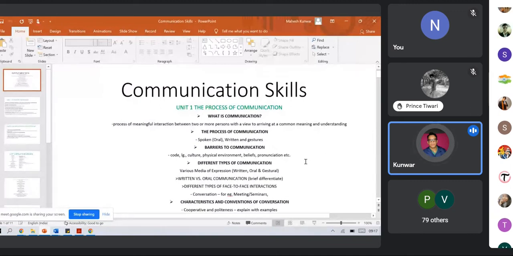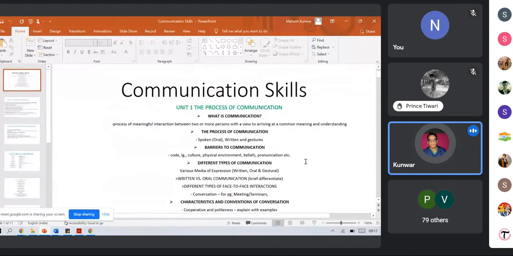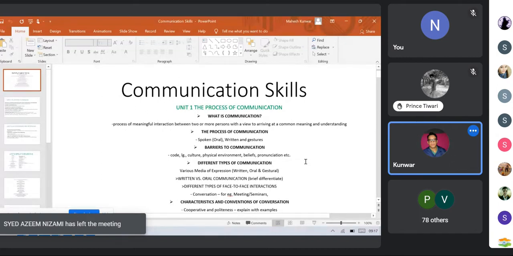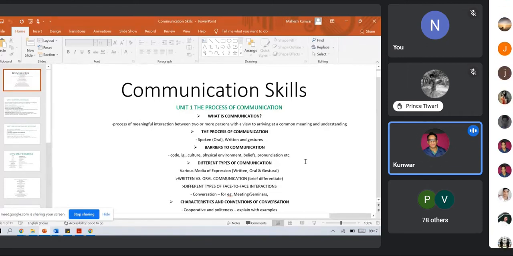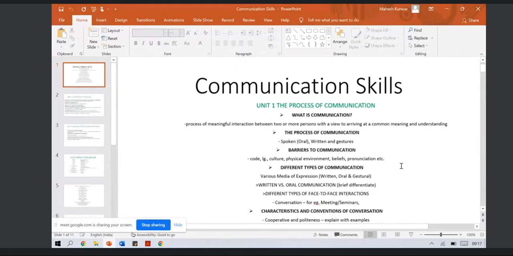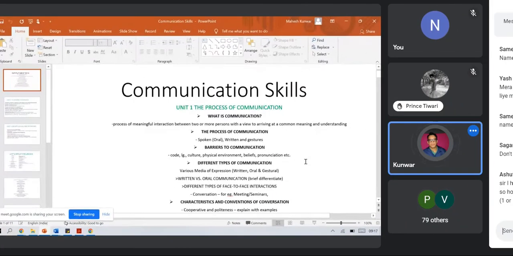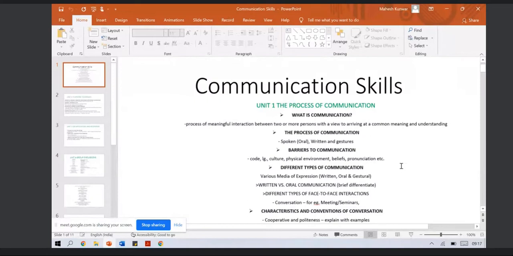While talking about the methods of communication, there are also barriers. The barriers are like codes. Certain codes are used based on background. You are from an IT, computer background, since this is your BCA, business computer application, so you are related to computers or IT.